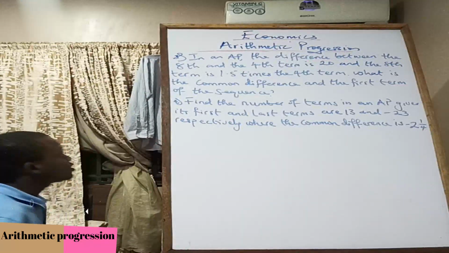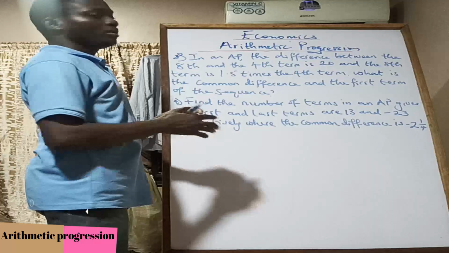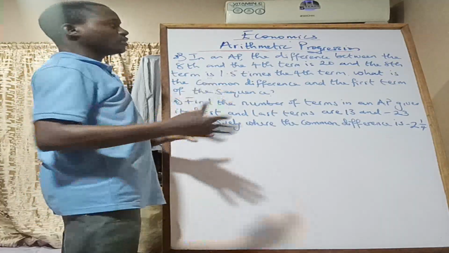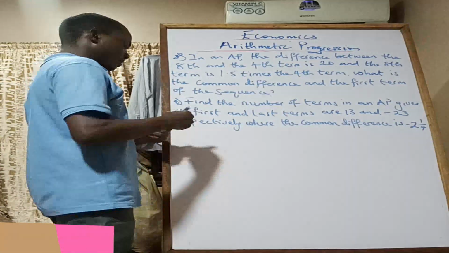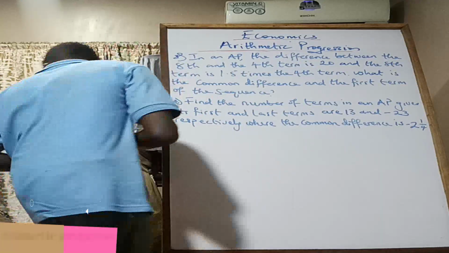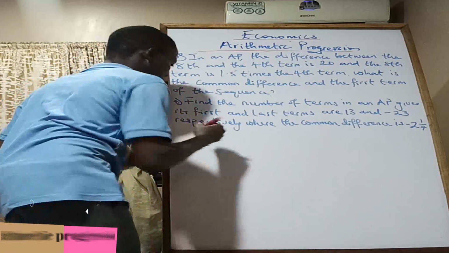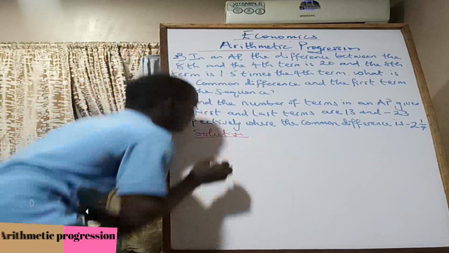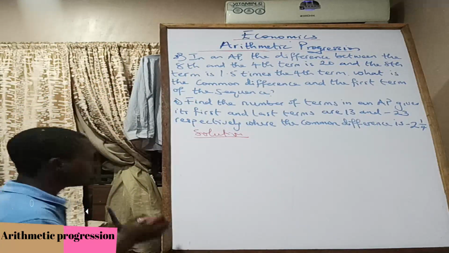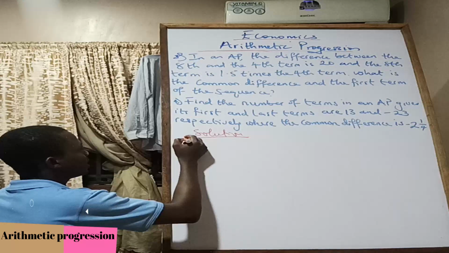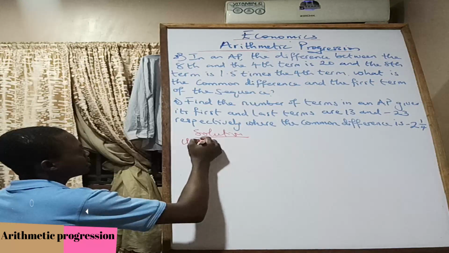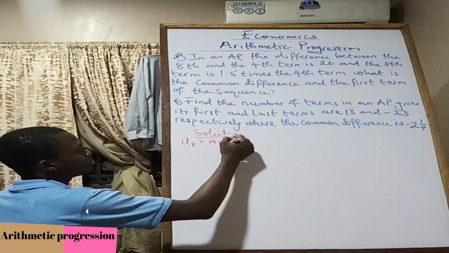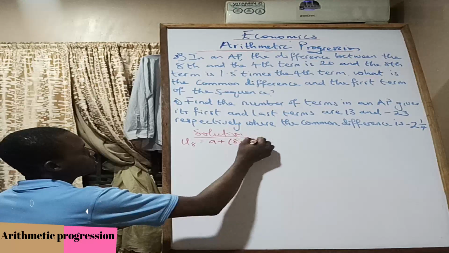So let's consider these two questions. It says in an AP, the difference between the 8th and the 4th term is 20. Let's try to just break it down. So solution. That means there is an 8th term, right? So our 8th term, u8 equals a plus 8 minus 1 d.